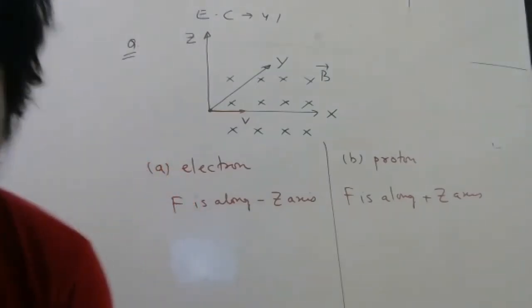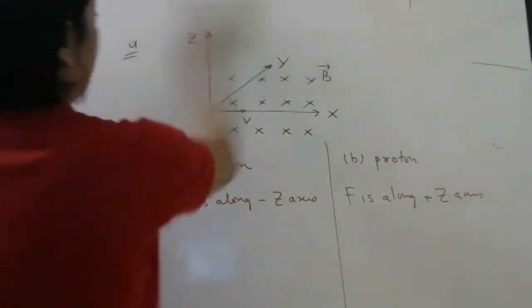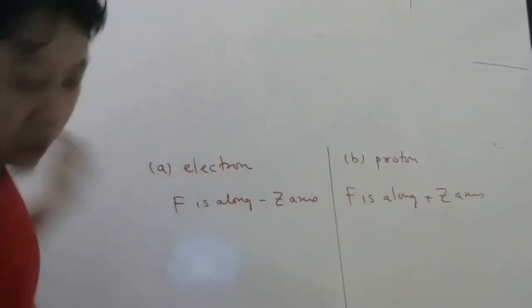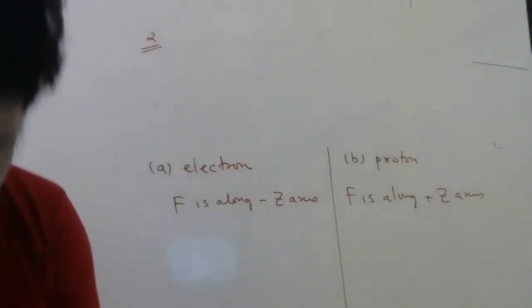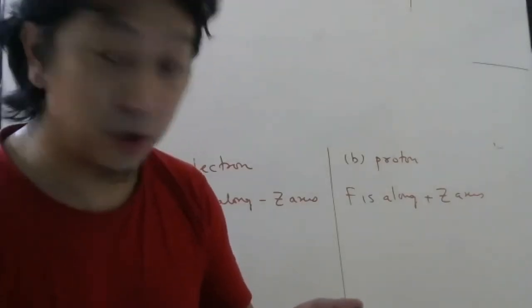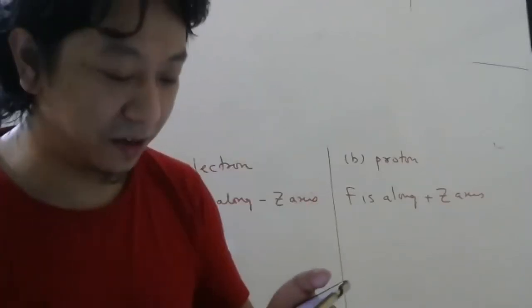Question number 2 we already completed while doing velocity selector. So question number 2, you see. In a certain arrangement, a proton does not get deflected while passing through a magnetic field region.